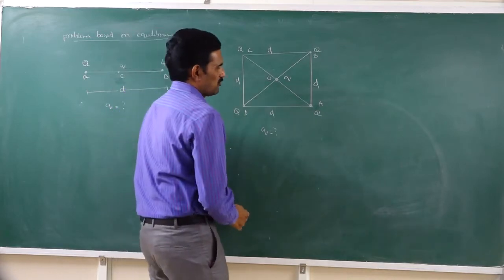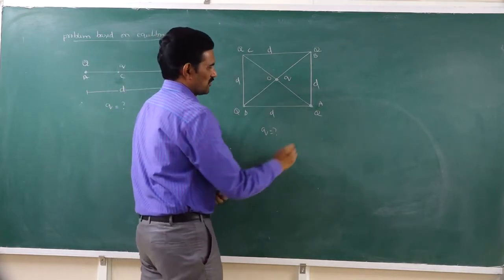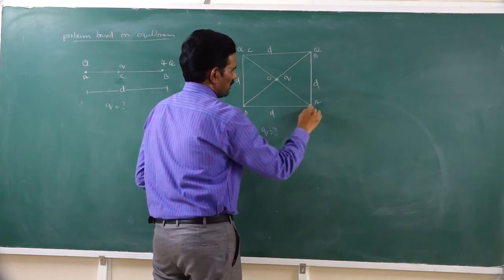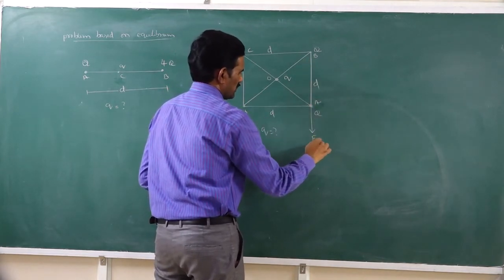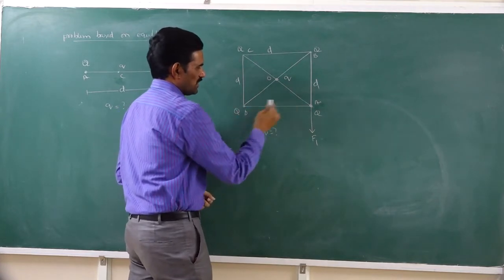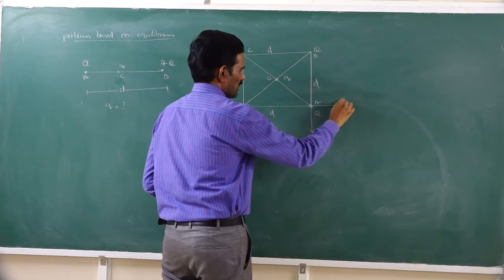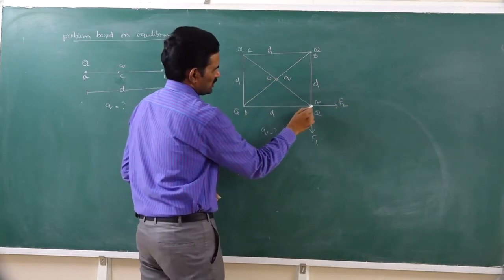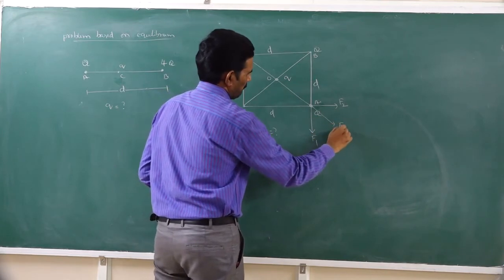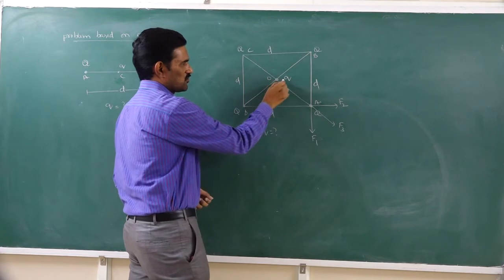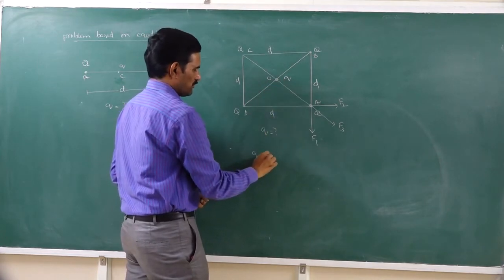When you are taking the equilibrium of A, let us find the force acting on that. So one force, the force between A and B, will be along this direction, let it be F1, and the force between D and A will again be repulsive along this direction, F2, and the force between A and C will be F3. And for the force between these two charges, we already concluded this Q value must be negative.